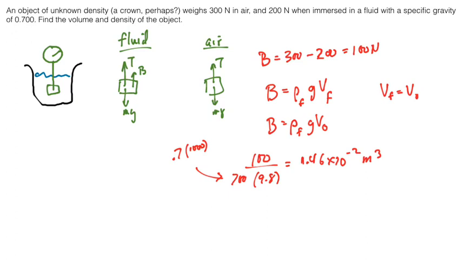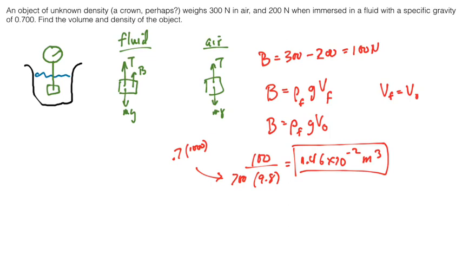So now I know the volume. That's one thing that they wanted me to find. And now I'm after the density of the object. Time to find out if this object is really made of gold or not, right? How am I going to find that density? What two things do I need? That was supposed to be an easy question. What's density?